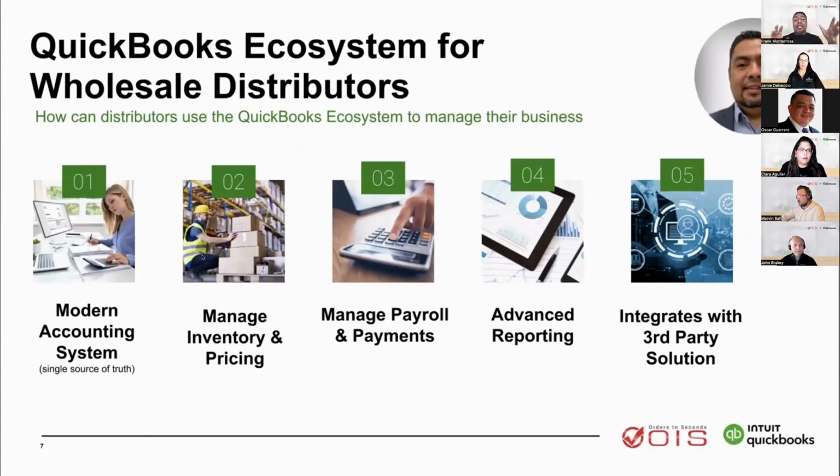There are some cases where inventory management and pricing structure become more complex. If you're growing, this might become more complex, but this is a good thing. QuickBooks in its ecosystem has integrated third-party solutions that are specialized in these specific areas, and they address all those limitations that you may have in QuickBooks. You're going to be able to solve them, so you still have everything in one place.